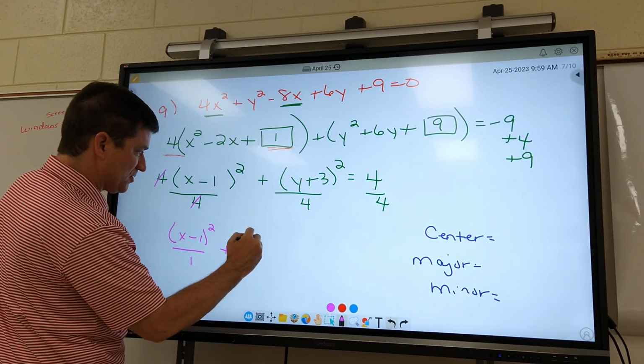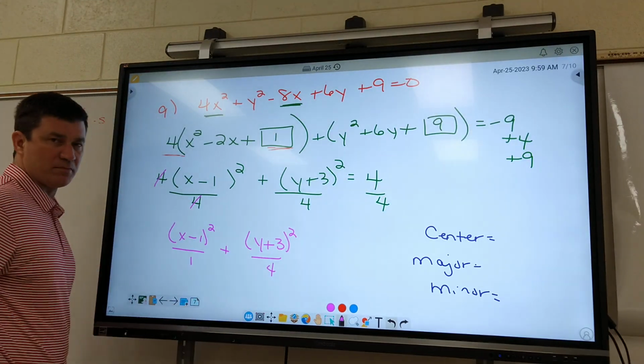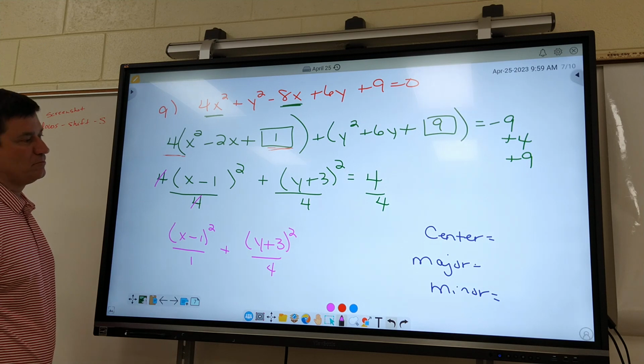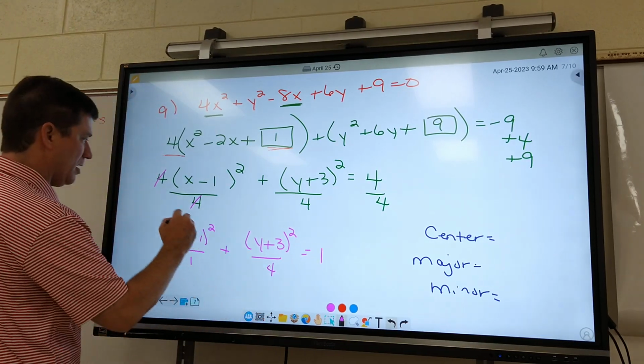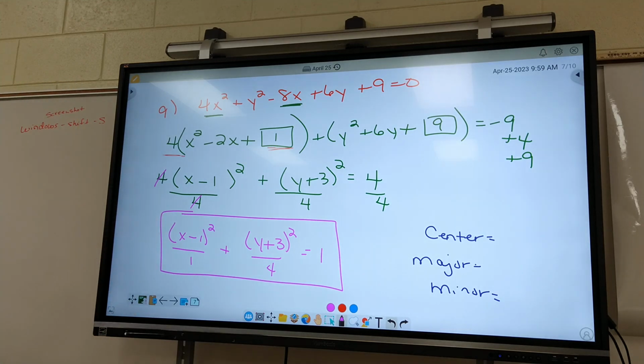Nothing cancels here, so I got y plus 3 squared over 4 equals 1. All right, this is your equation for your ellipse. Now, if you want to skip a step to get to that, that's fine. I'm just asking you to show me one step and then show me that equation right there that I have a box around.